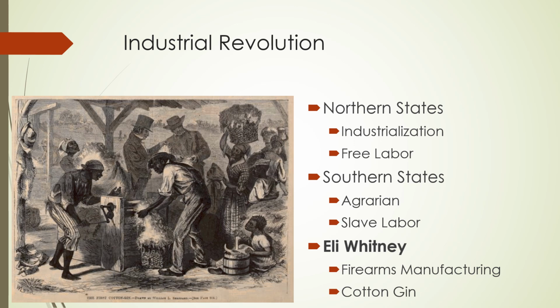So rather than a person taking their hand and trying to pick the seeds out of the cotton, you drop the raw cotton with seeds in the cotton gin and you turn it, and the fibers, the white fiber that you make cloth out of, will be separated from the seeds themselves. You actually see a picture of that here. So this was a revolutionary piece of equipment because it mechanized pulling the seeds out of the cotton. We replaced, quote unquote, human labor with machine labor.